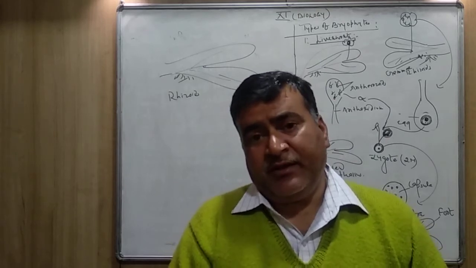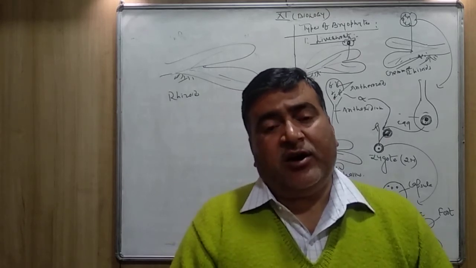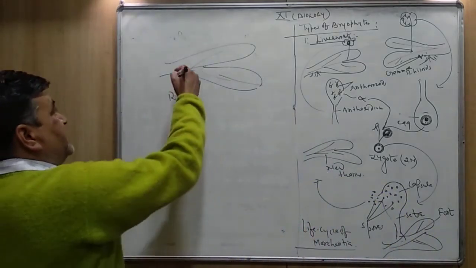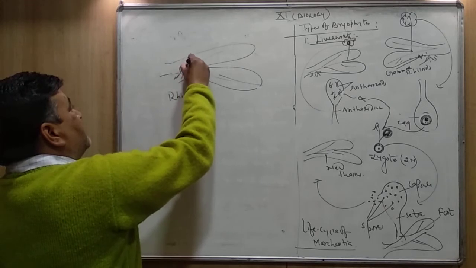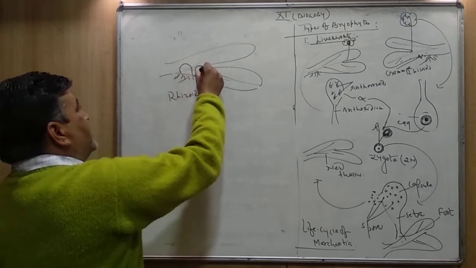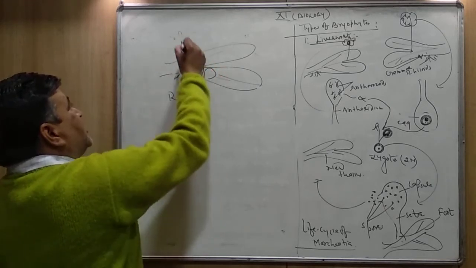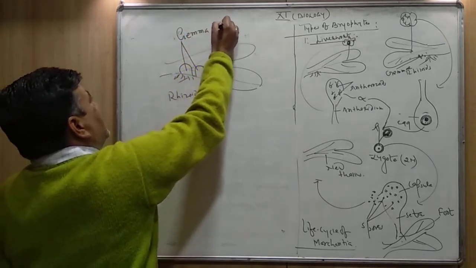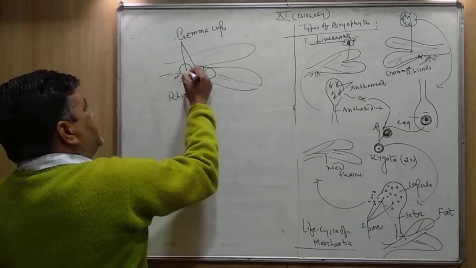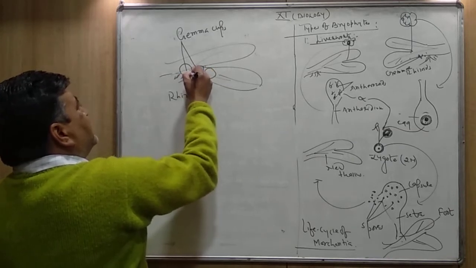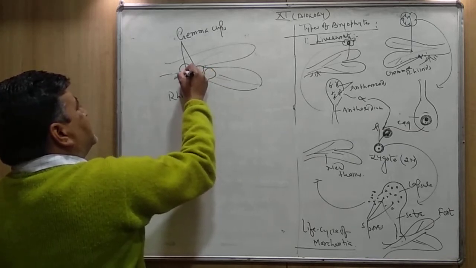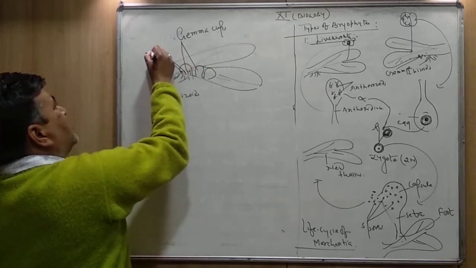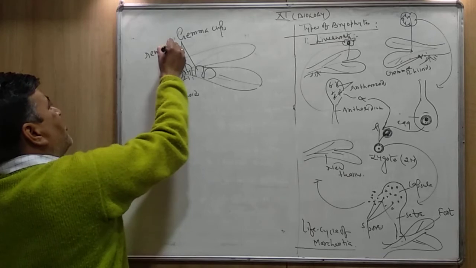gemma. It's the singular form, or gemmae, and these gemmae are present in the receptacle which is called the gemma cup. I can draw here the diagram. These all are the gemma cups, and in each gemma cup so many gemmae are present.